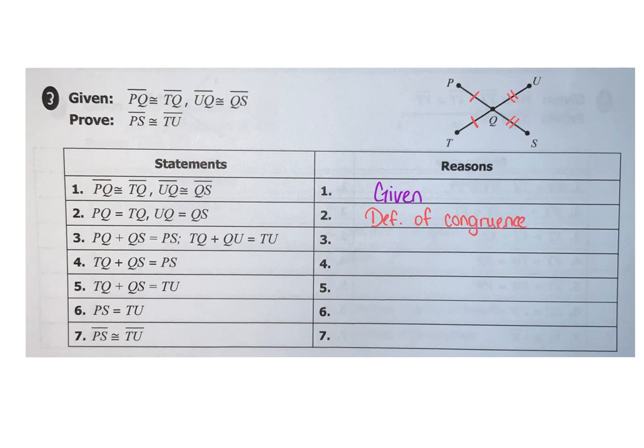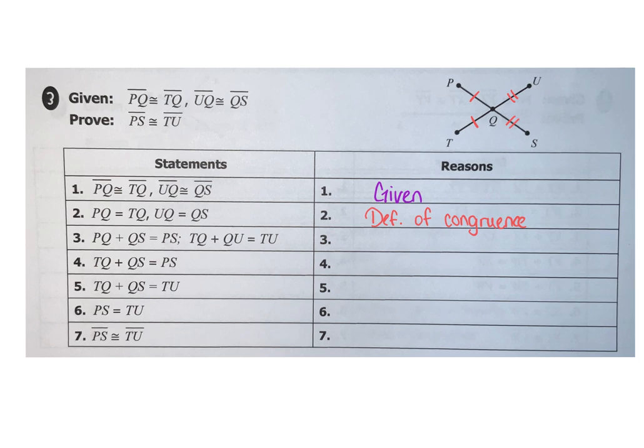Now they start throwing in new things here. Now they've just said, well, PQ plus QS equals PS, TQ plus QU equals TU. So they've just said from P to Q and Q to S equals the whole, and from T to Q and Q to U equals this whole. What rule or postulate or definition tells us that we can do that? What rule or postulate or definition tells us that two pieces of a segment add up to the whole segment? So go back to the first thing that you have, this piece.